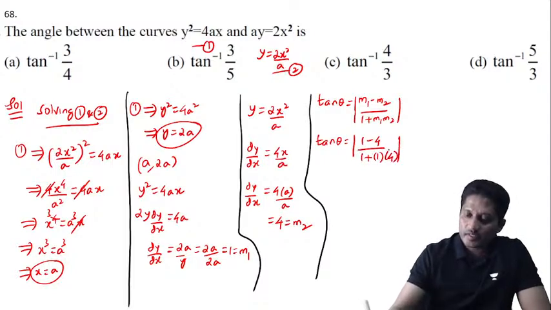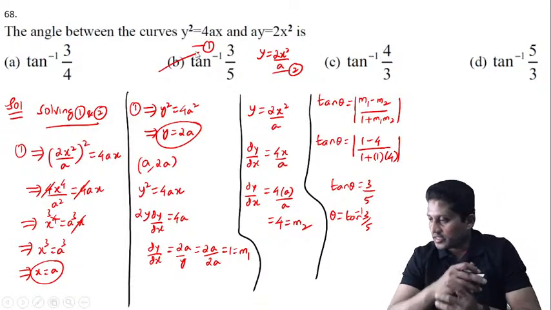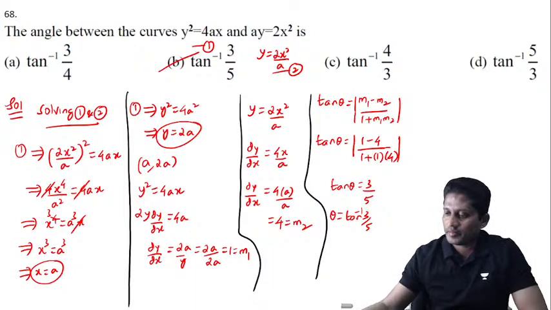Mod of minus is plus. You get tan theta is equal to 3 by 5. Theta is equal to tan inverse of 3 by 5. Answer is option B. Alright, 68 is option B.